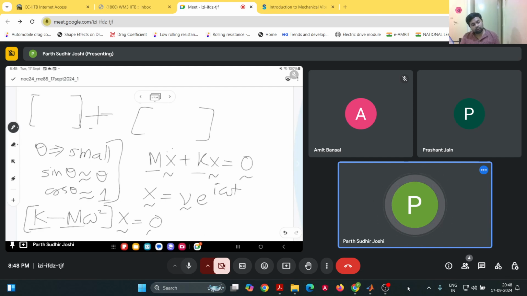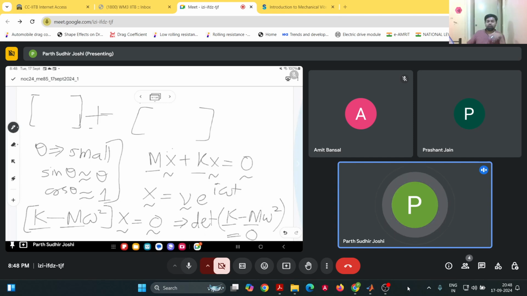is 0. For this equation to have a non-trivial solution, the determinant of this matrix must be 0.